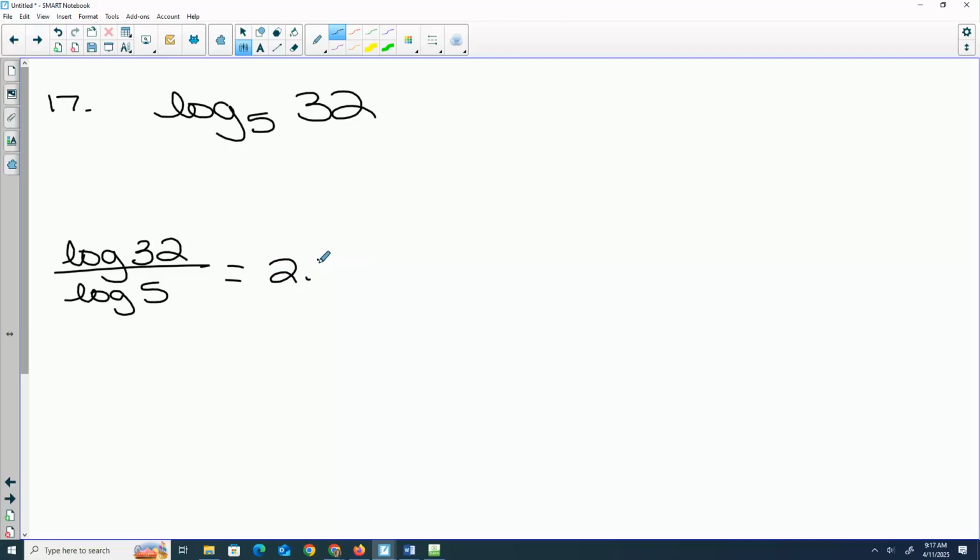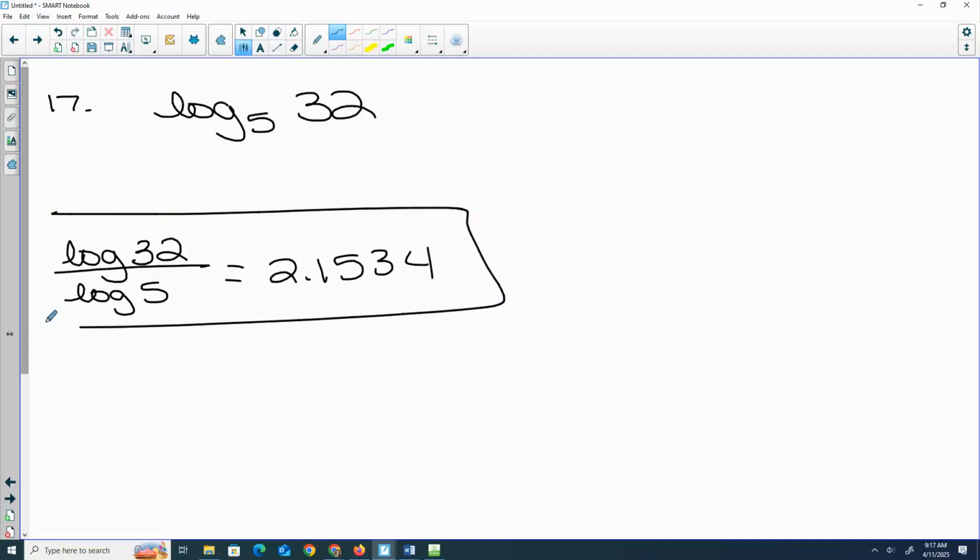And get the 2.1534. But like I said, if you forgot it, you set it equal to x. So it's 5 to the x equals 32. What would you do at that point?